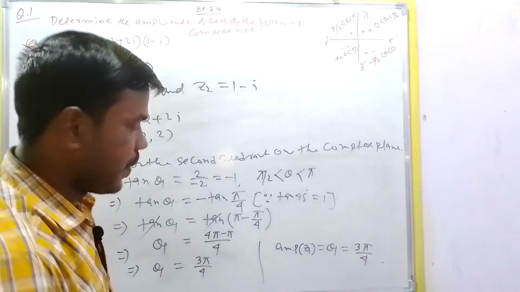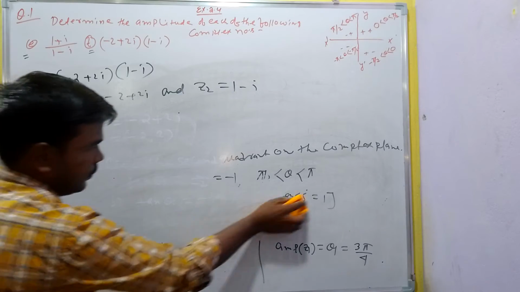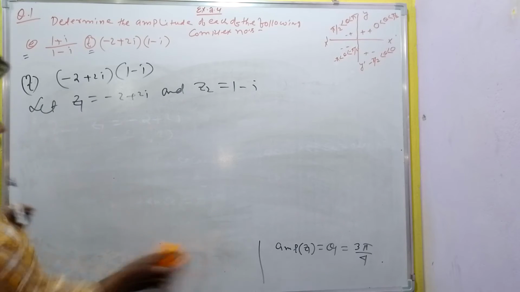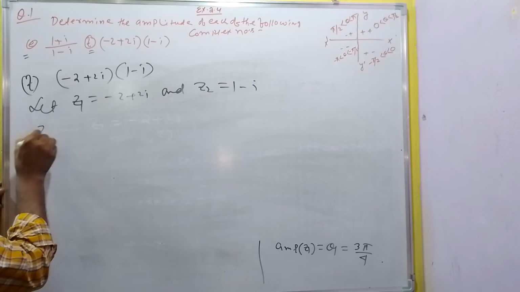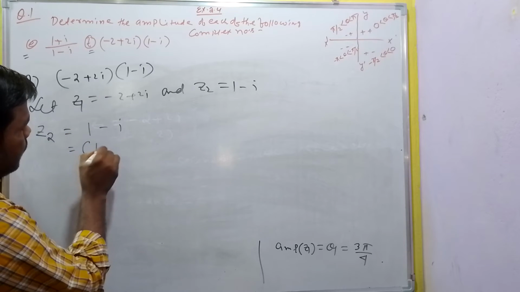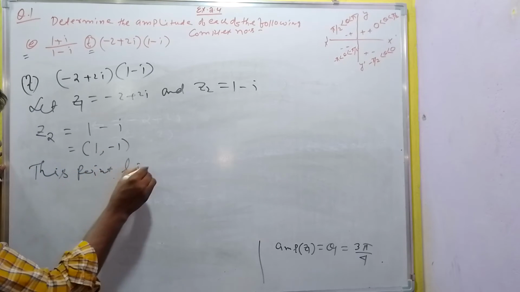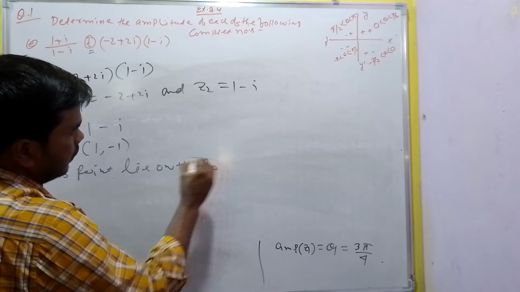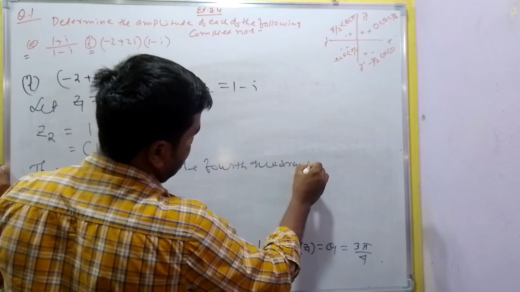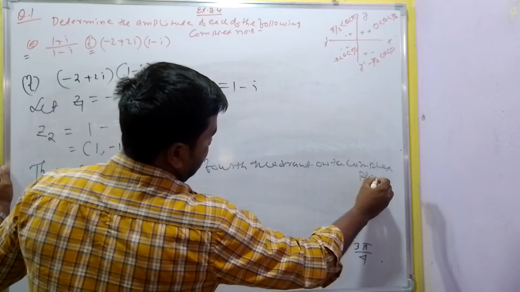Again we have to find Z2. So 1 minus i, you have to write (1, minus 1). This point lies on the fourth quadrant on the complex plane.